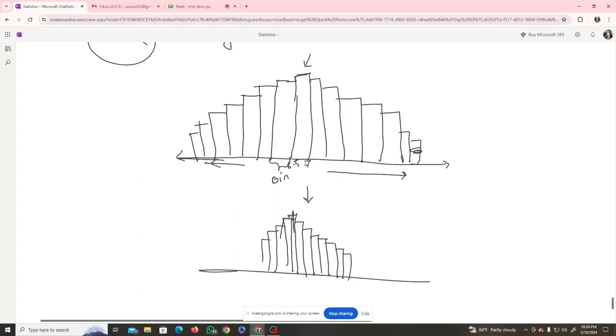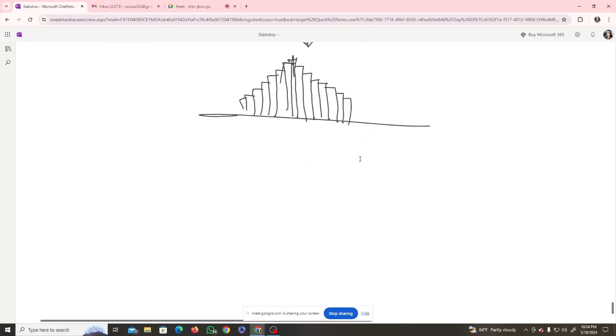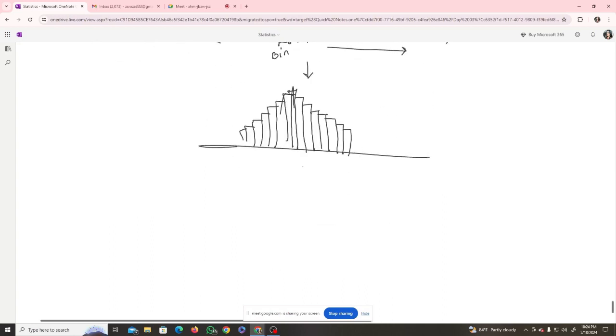Suppose I am thinning the bins again and again, and at some point we won't have such bars, we will have a smooth line, right?